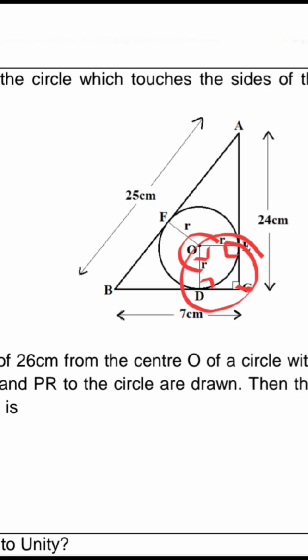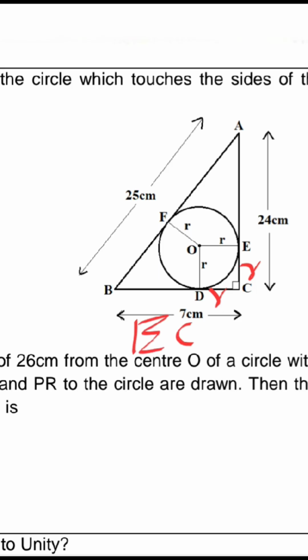Okay, I hope you understand, this is a square. So if it is a square, this side is r, here it is r, here it is r, because from an exterior point two tangent lengths are equal, meaning EC is equal to CD.